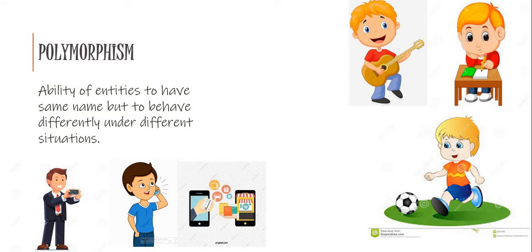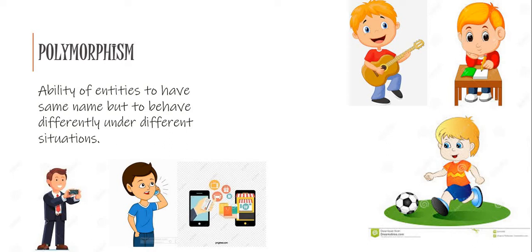For example, if I call a little boy a student, then it is also possible that the same boy, when he goes to the playground, is not a student but is a player. And that same boy, when he sits down with a guitar, turns into an instrumentalist.